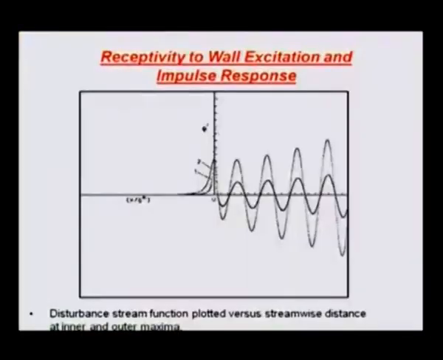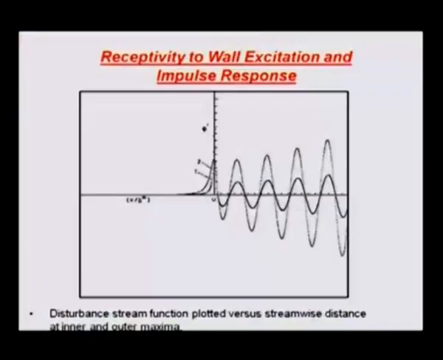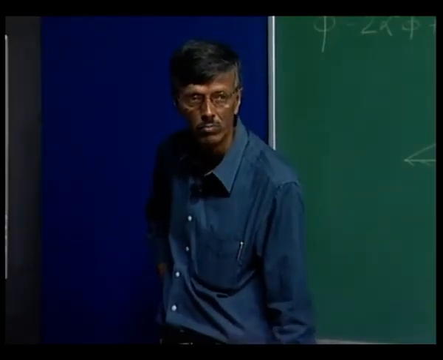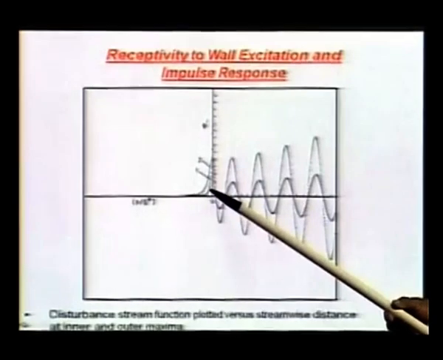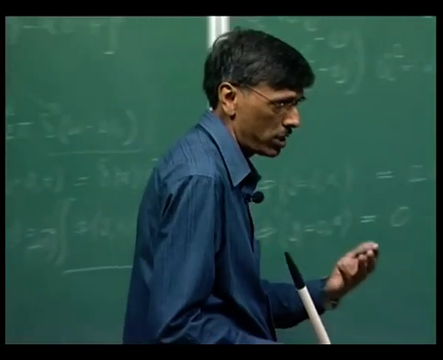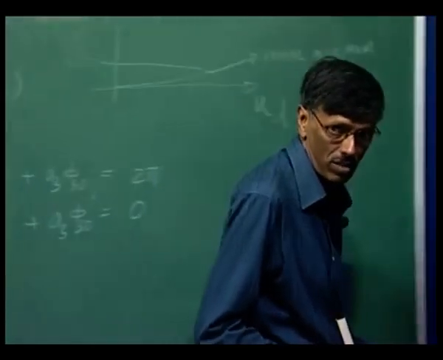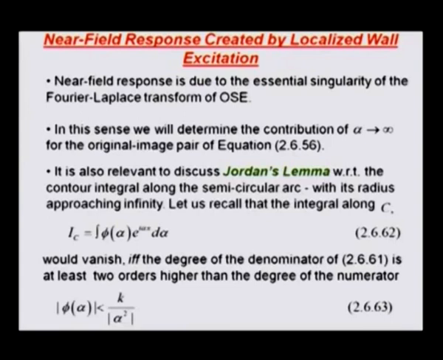Because that is what I told you. In the neighborhood of x equal to 0, the contribution does not only come from the eigenvalues, it comes from alpha going to infinity also. That is what we would expect. So, do understand that the near field has this particular feature which does not reflect what your eigenvalue analysis tells you, and stability theory would never tell you that part.